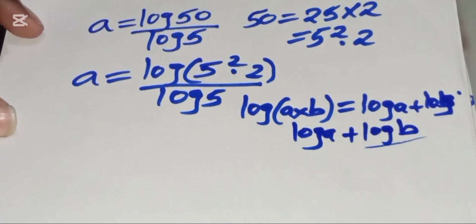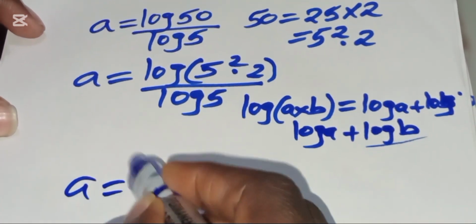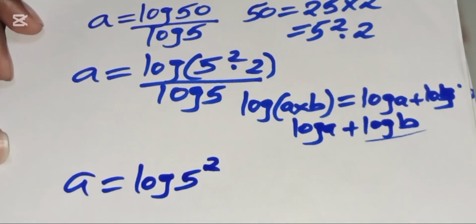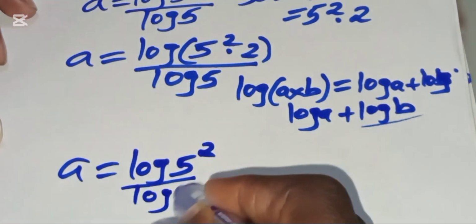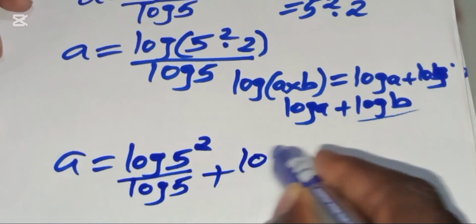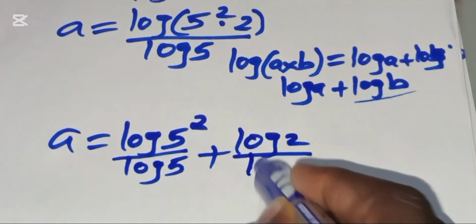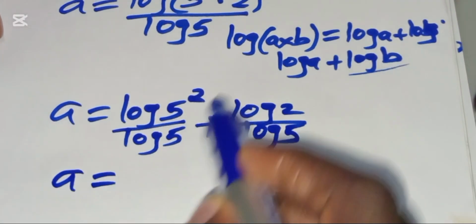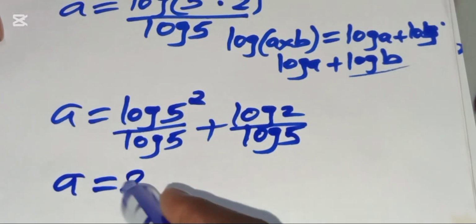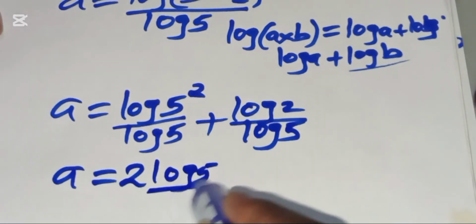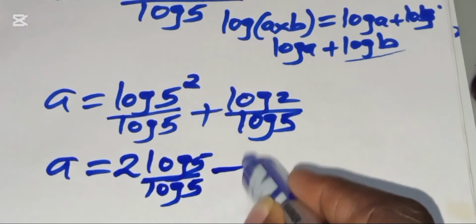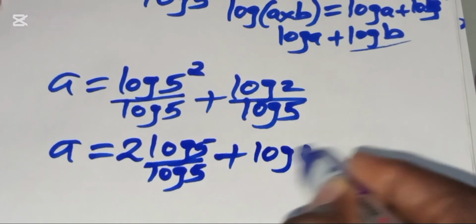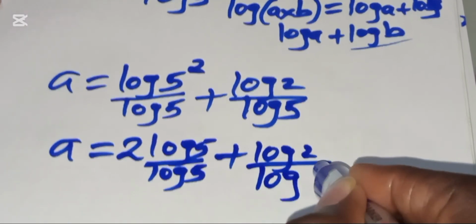So let's apply this logarithm property, so that we'll have a is equal to log 5 raised to power 2 divided by log 5, plus log 2 divided by log 5, okay? So now we have a is equal to log 5 squared, which can be expressed as 2 log 5 divided by log 5 plus, now we have log 2, which is the same thing as log 2 divided by log 5, okay?